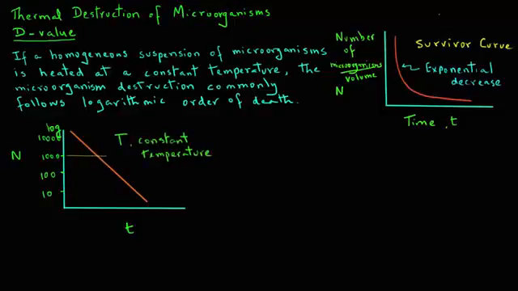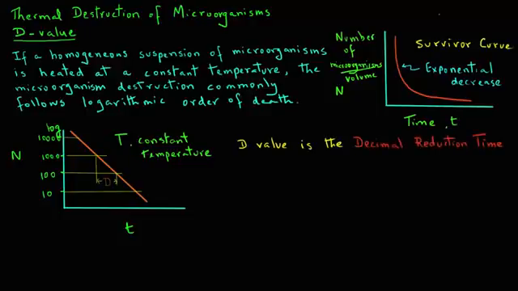The time required for one log cycle reduction, as we see here in this plot, is called the D-value. Note that this D-value is obtained from the x-axis where the units are of time. So D-value is called the decimal reduction time.